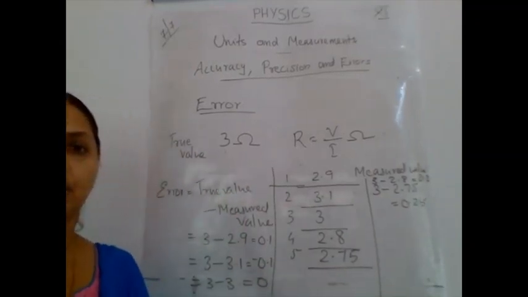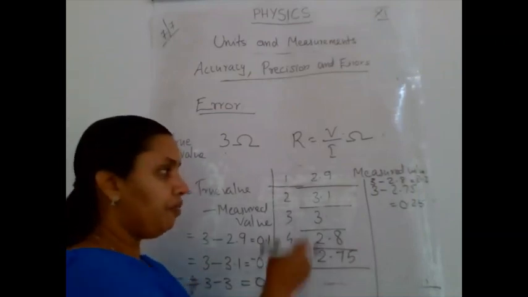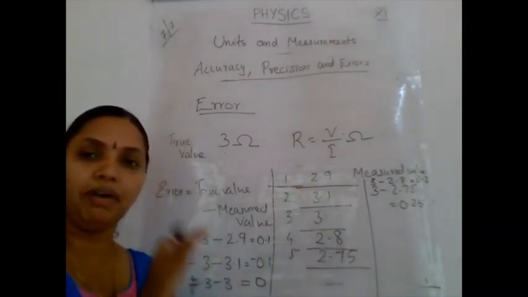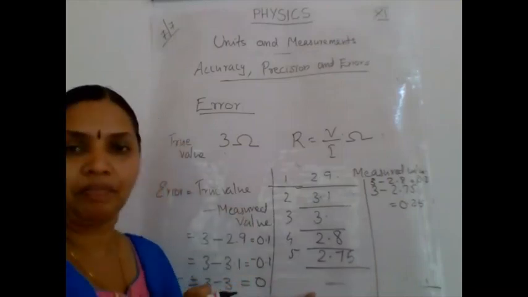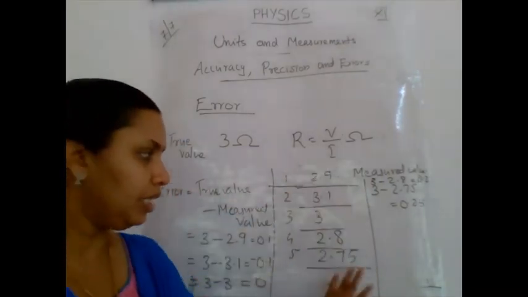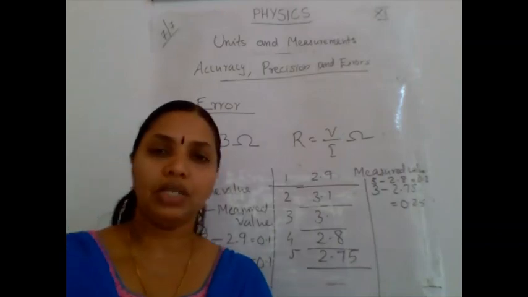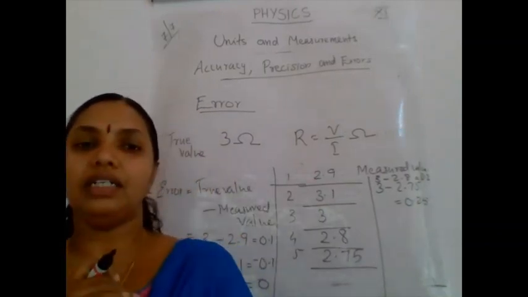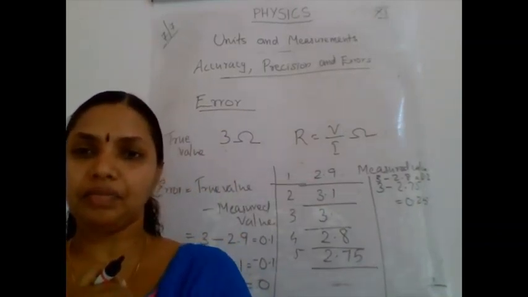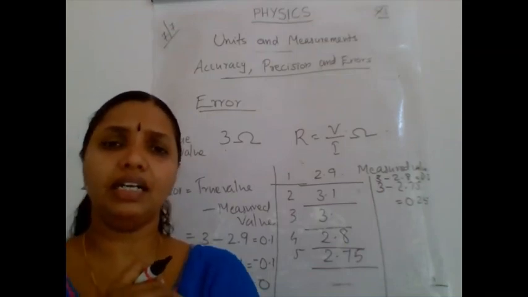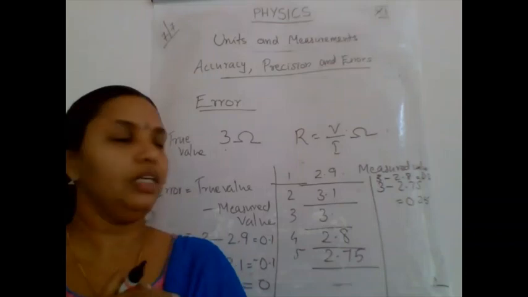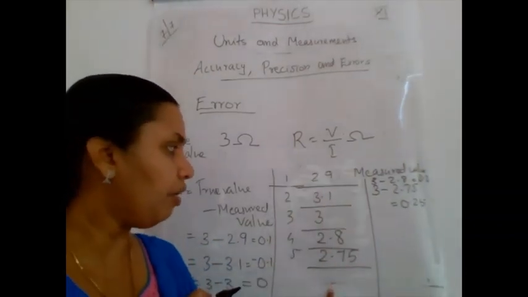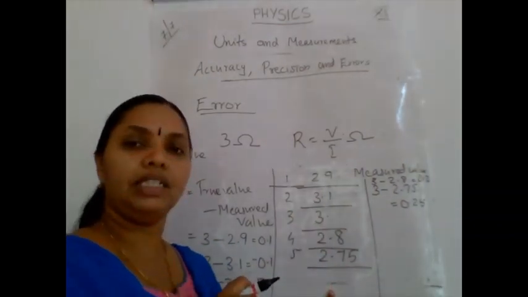That is why we go for a number of observations, minimum 5. Your teacher told you to take a minimum of 5 observations. Because when we are doing these observations, the average of the results which we get, we consider as the true value. So here we will find the mean, the average of this, and we consider that as the true value.